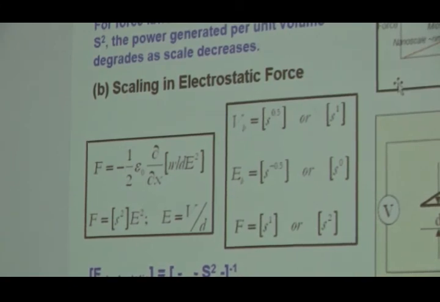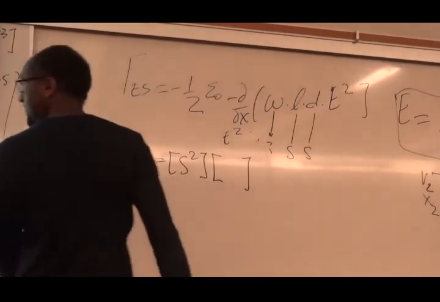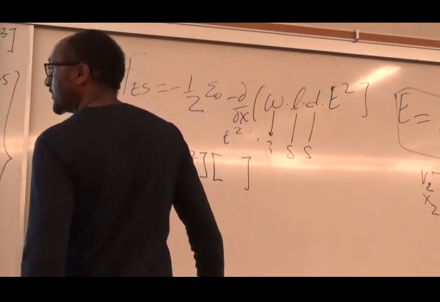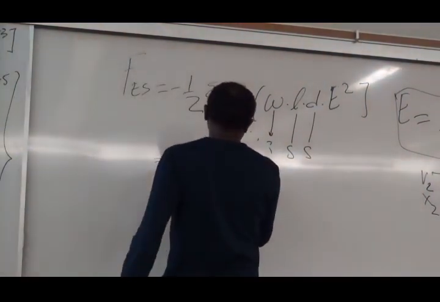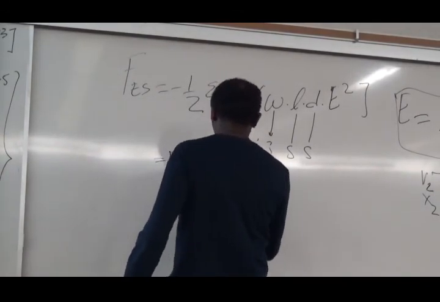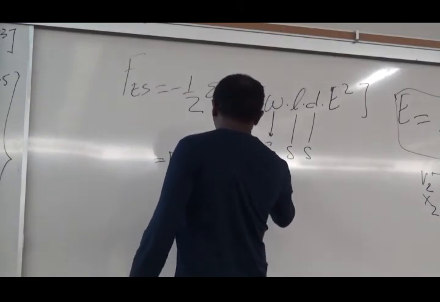So, F is going to be S squared, just like the way I put it over here, times the dimension of E squared. So E is either S to the power minus 0.5 or S to the power 0, squared.